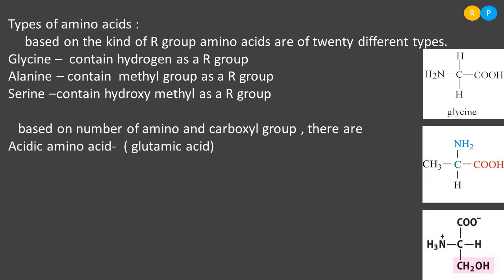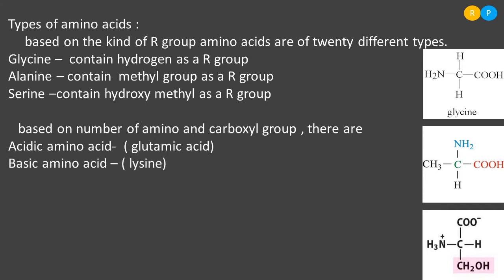The best example of an acidic amino acid is glutamic acid, because here the acidic group is present in the amino acid. Right? Because it consists of more acidic groups, the amino acid is considered an acidic amino acid.